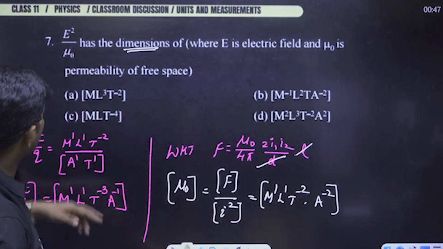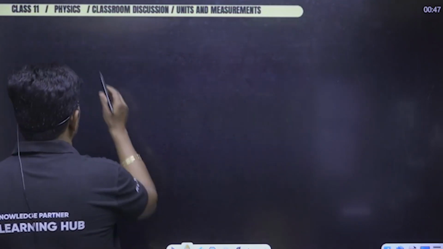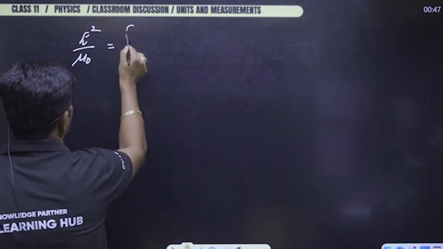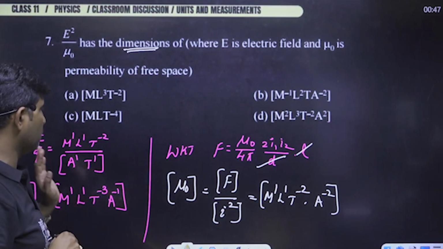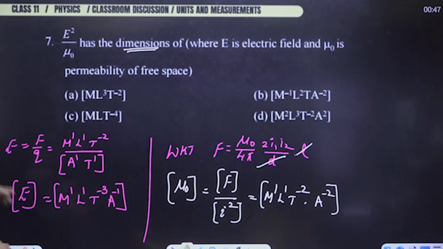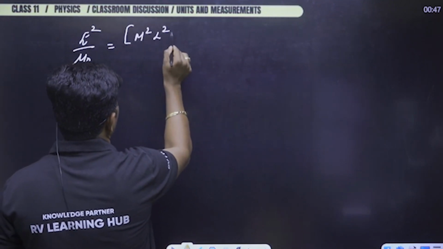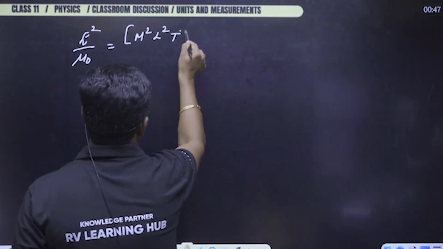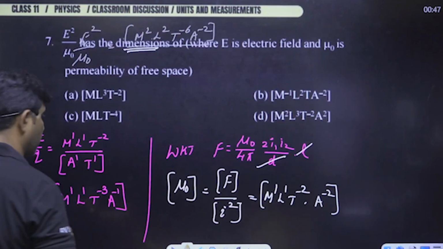Okay, they are asking E square by mu naught. So just substitute here. E square divided by mu naught equals, what is E? M power 1, L power 1, T power minus 3, A power minus 1. So just substitute the value here and square it. You get M power 2, L power 2, T power minus 6, A to the power of minus 2, whole divided by, what is mu naught?